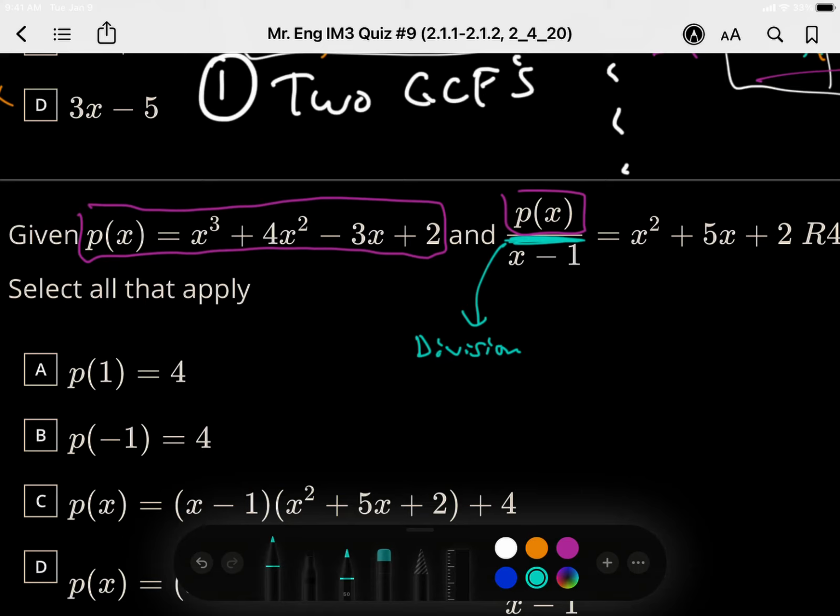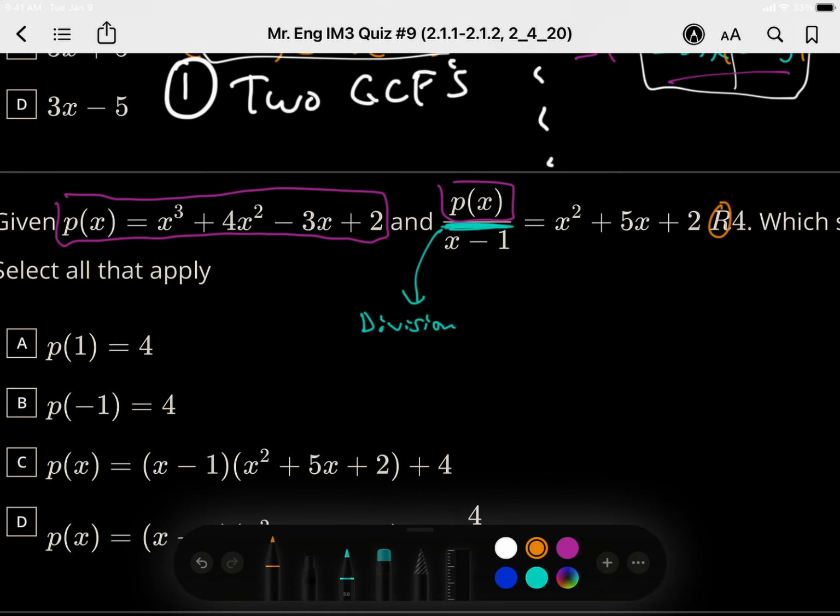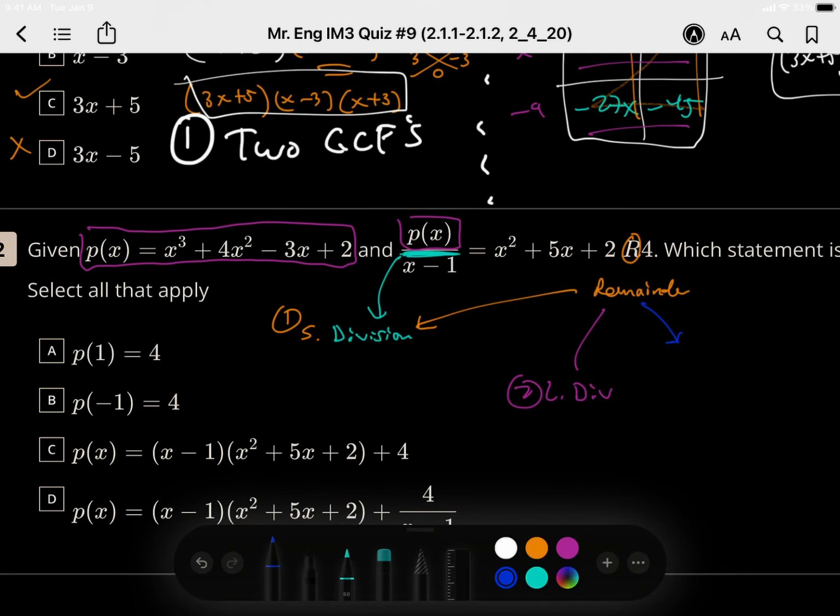So let me highlight that. This R here means the remainder. Well, how do you find the remainder? You can find it by method number 1, you can use synthetic division. Method 2, you can use long division, or method 3, you can use something called the remainder theorem.